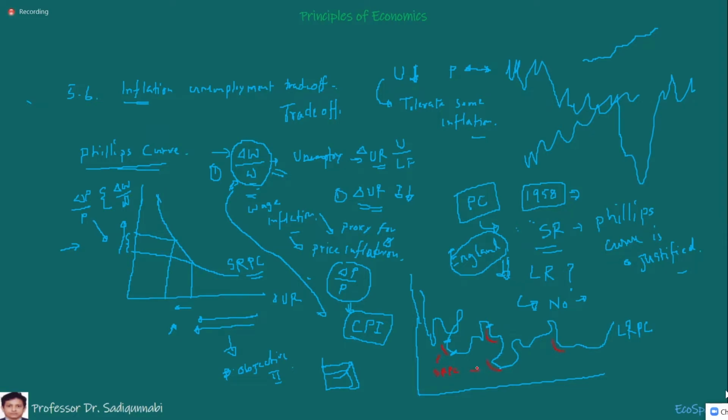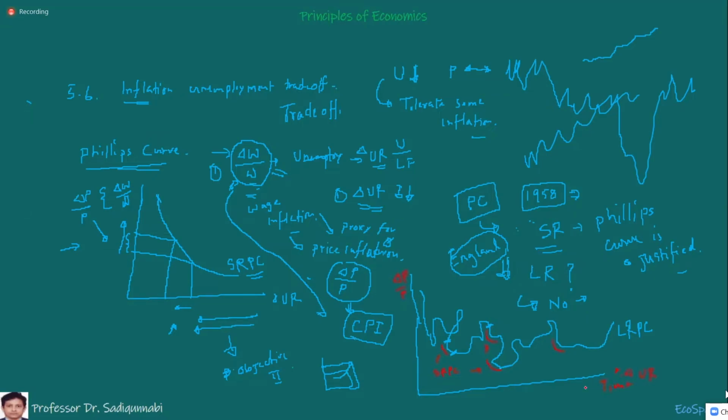So these are all SRPC justified. If we say that this is our time, and this is our del P upon P, and time, as well as the unemployment rate, percentage change in unemployment rate.